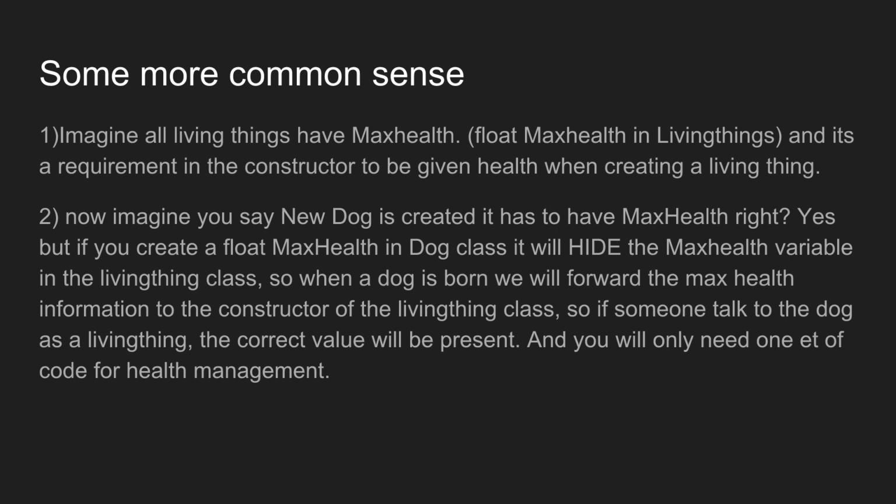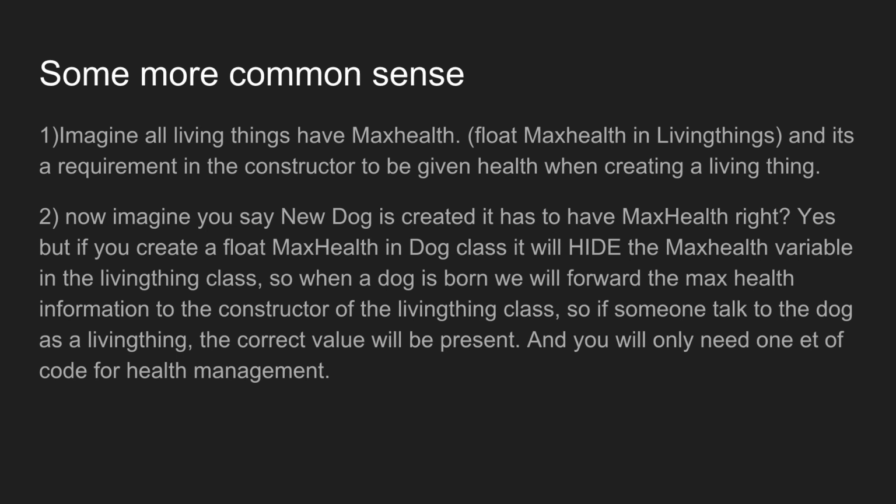In other words, we'll end up with two fields, one maximum health in the dog class, one in the living thing class. Plus, our code won't be happy till we meet the requirement of our living thing constructor anyways.